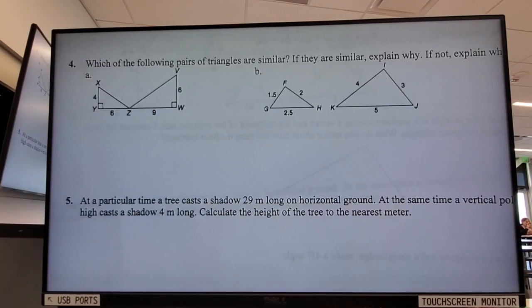All I need is angle, angle, because then the third angle is given to me, yes? But we also have side, angle, side. And what does that mean with similarity? That means that I need to have the ratio of side to side, and the ratio of side to side is the same, and then the angle between them is congruent.